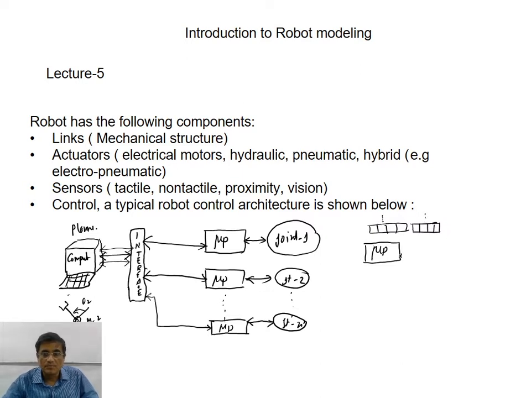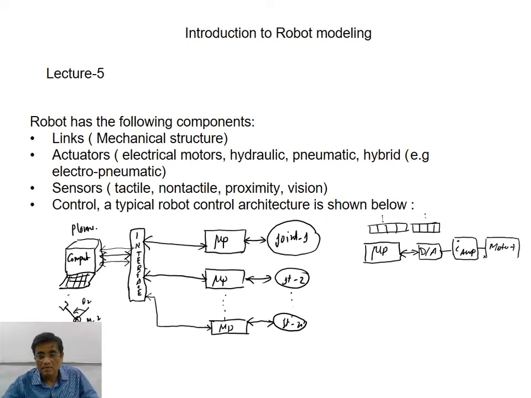So let me first draw the block diagram, which will illustrate what it is doing. Then you may need some amplification of the current, so we are keeping a block for that, and then you are feeding it to the motor, suppose motor number 1.